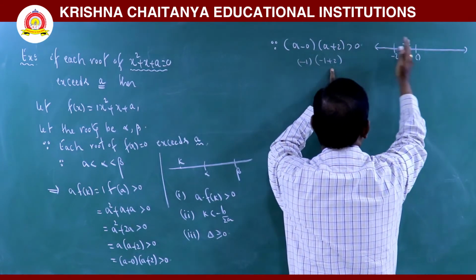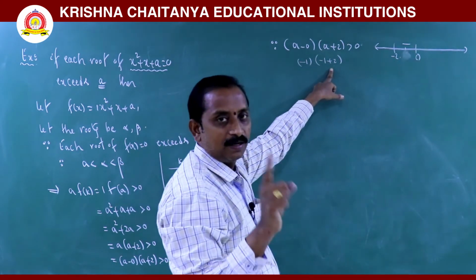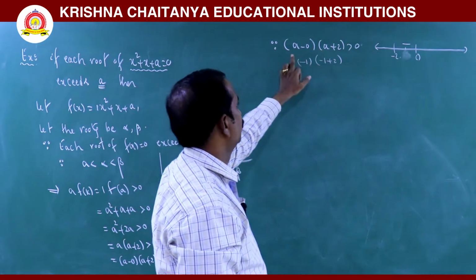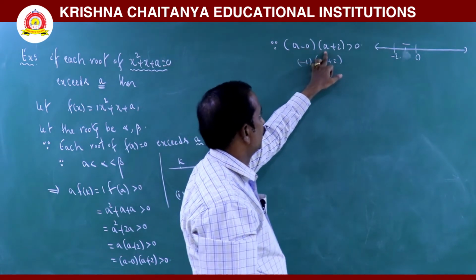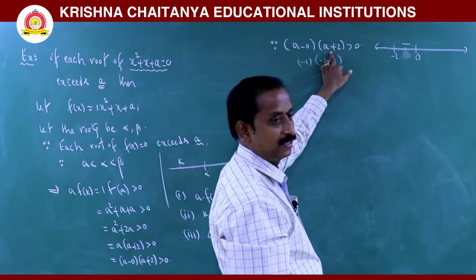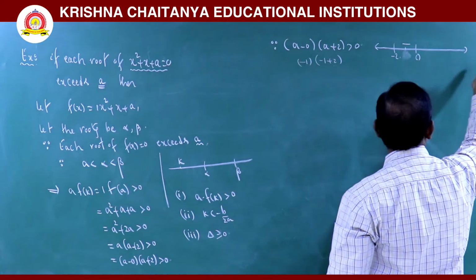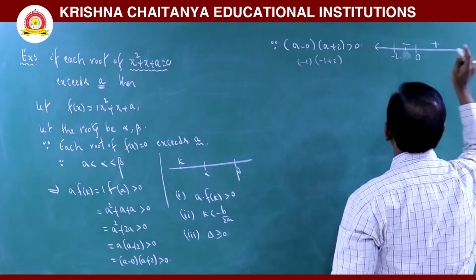Greater than 0 means I can consider 1 or 2 or 3, whatever it may be. Let us take 1. Then 1 minus 0 is 1, 1 plus 2 is 3, 1 into 3 is 3, which is positive. If you consider any value greater than 0, the quadratic expression is always positive.